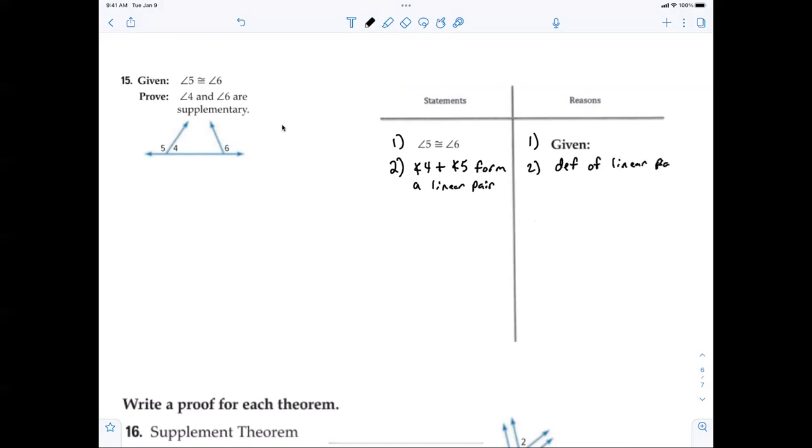And honestly, that's just the definition of linear pair. Okay. Now you can say what? That angle 4 and 5 are what? Yeah, you can say angle 4 and angle 5 are supplementary.